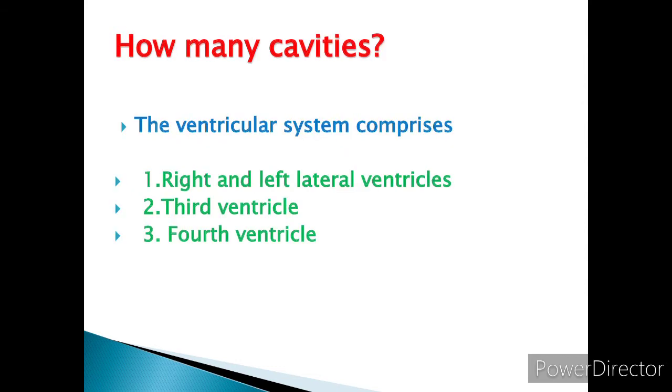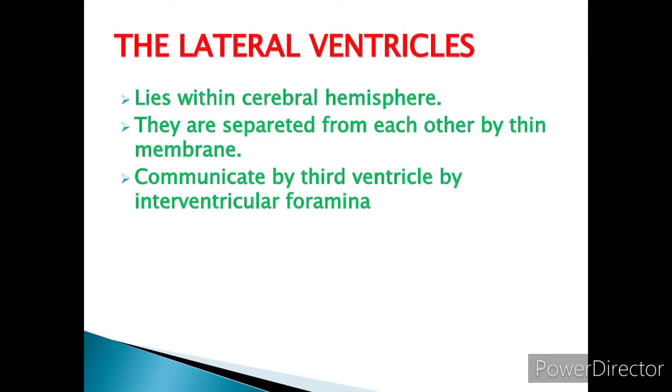So how many cavities? The ventricular system comprises the right and left lateral ventricles, the third ventricle and the fourth ventricle. First is the lateral ventricle.